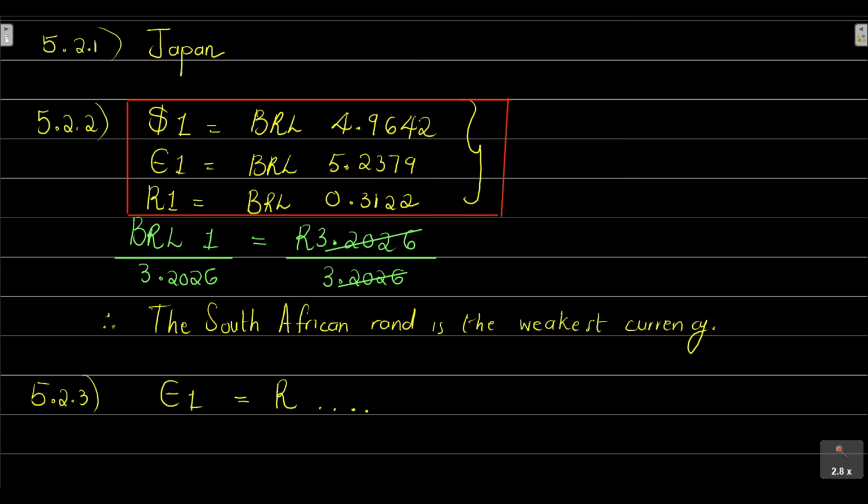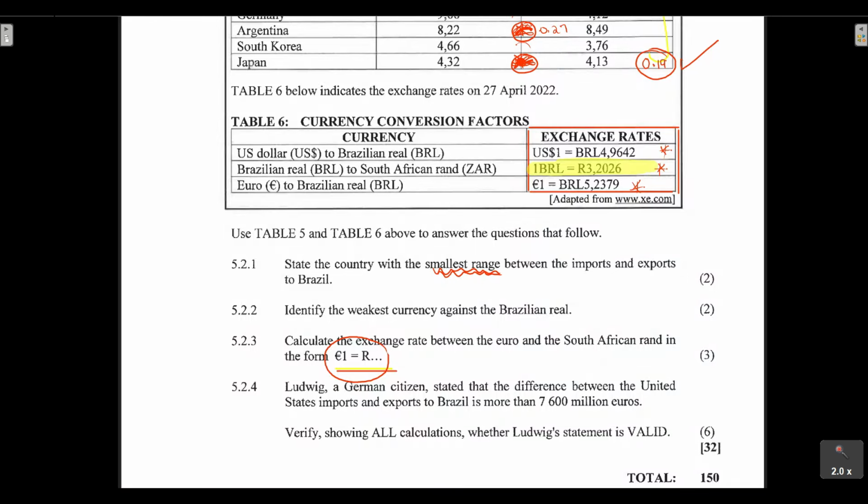How will we get to this exchange rate between the euro and the rand? Here, guys, you need to pay attention. We need to find, from these exchange rates that are given to us, the exchange rates that deal with the euro and the exchange rates that deal with the rands, and those two formulas are what's going to help us get to 1 euro is equal to something rands.